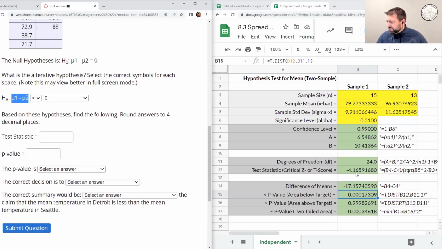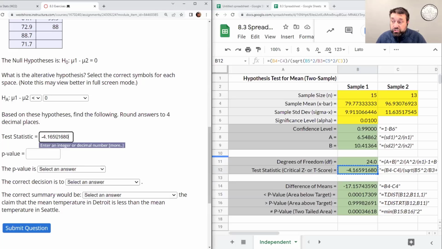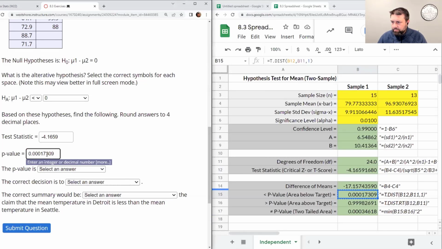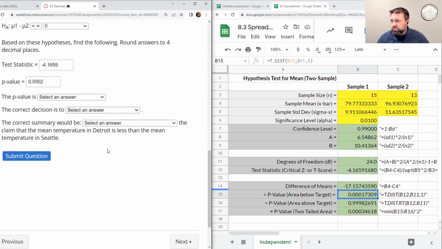Our test statistic is this number right here, which is negative, which is good. And that's a good sign, right? Because we say less than 0. Our p-value is this value right here, which again is good. That's a very small p-value. So that means our p-value is less than alpha, which means we get to reject the null hypothesis.